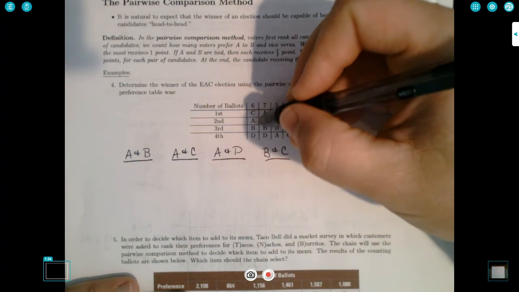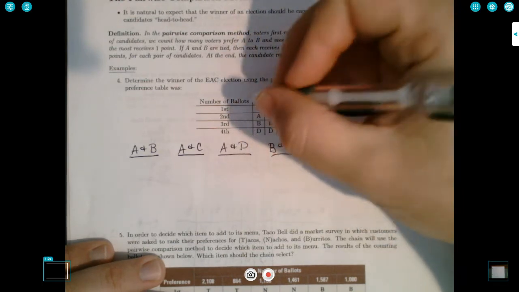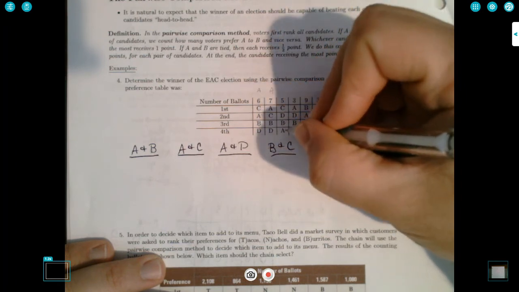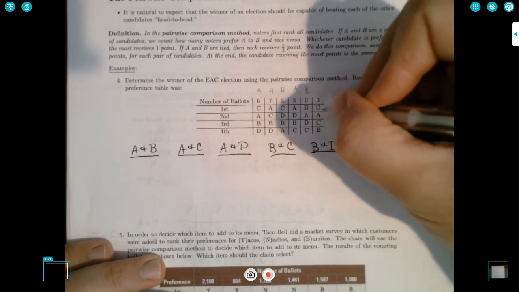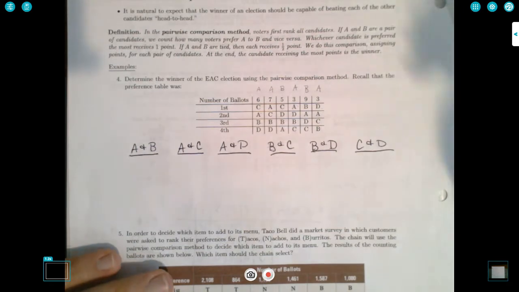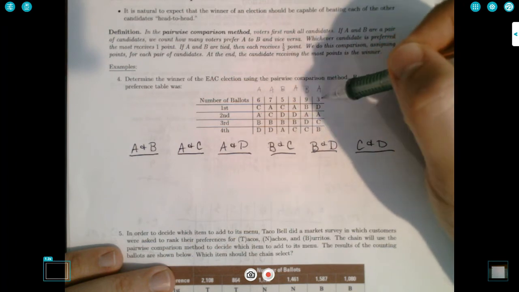So here A comes before B, so this column goes to A. Here A comes before B, so this column goes to A. Here B comes before A, so this column goes to B. A before B, B before A, A before B. Now, A wins 6 plus 7 plus 3 plus 3, which is 19.